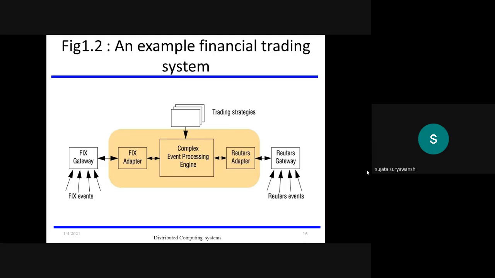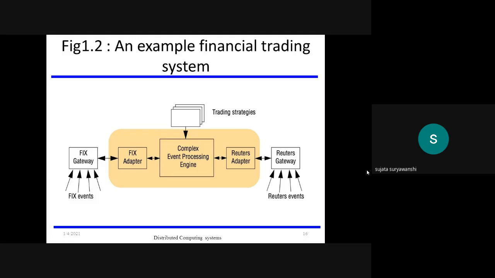How users can access that specific server or system depends on where the components are located and how the servers are available in a distributed manner. We have to access all the resources in the case of a distributed system. So this is one example of financial trading.